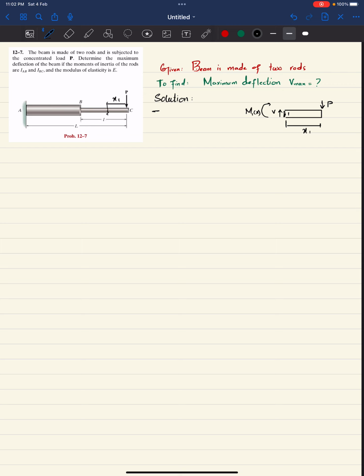By applying the equilibrium condition that the sum of all moments about point 1 is equal to 0, and taking the counterclockwise moment as positive: about point 1 we have the external moment m1 of x, and another moment, P into x1, which is in the clockwise direction, so it will be negative. So I will write m1 of x minus P into x1 is equal to 0.